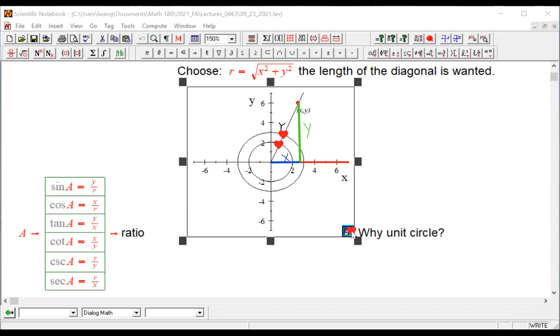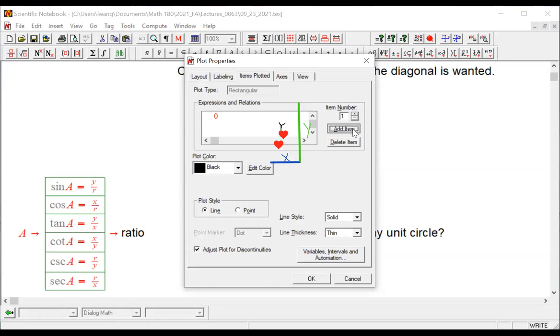Okay, let me just draw a few more circles, because I'm explaining to you why we eventually turn to the unit circle. So now suppose I have another circle, and this time it's going to be that circle.